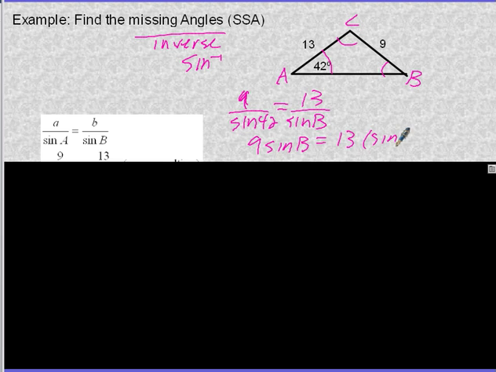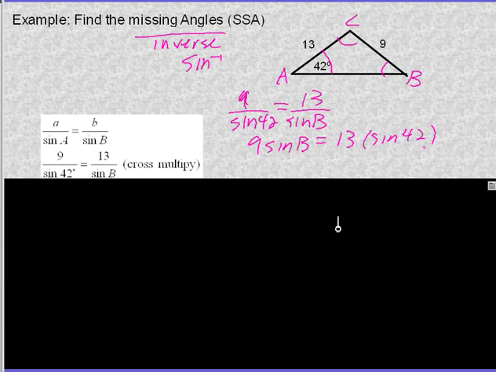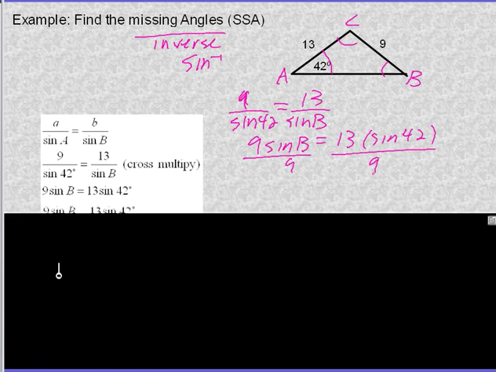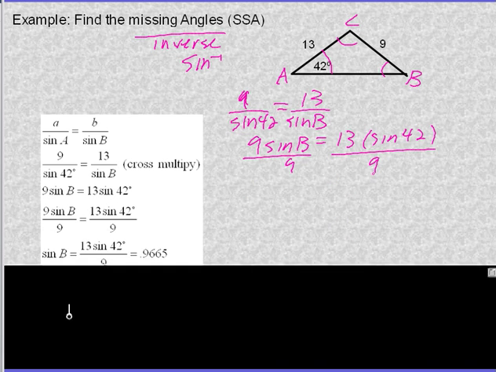Divide out the 9 because we're going to isolate the trig function. And we end up getting the sine of B is equal to 0.9665.